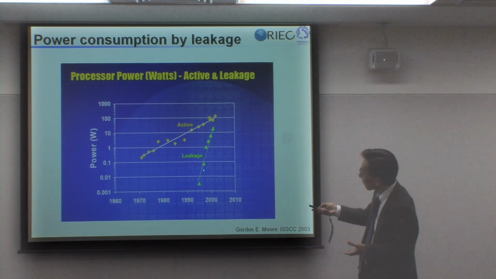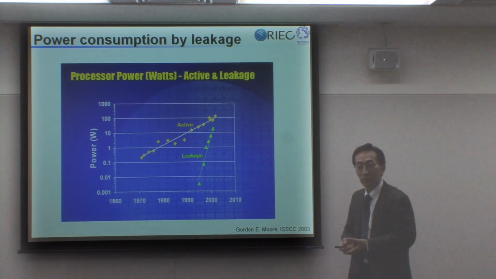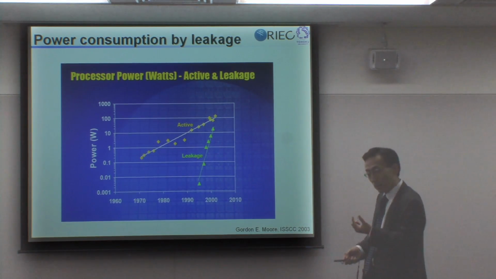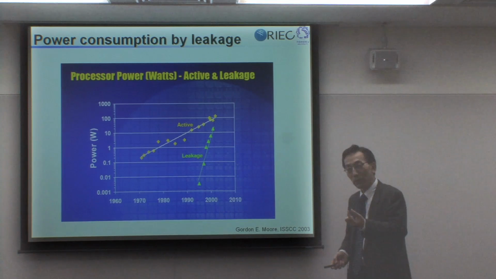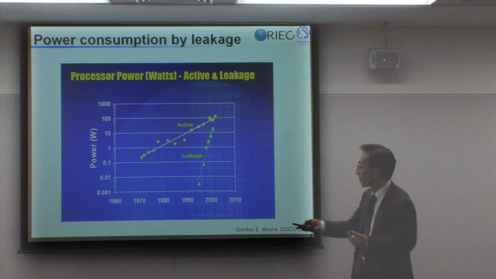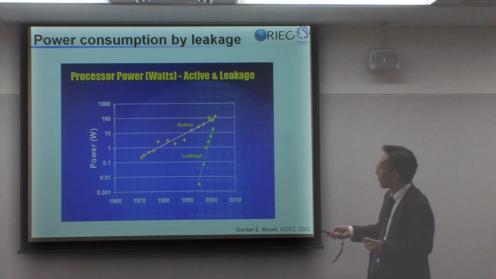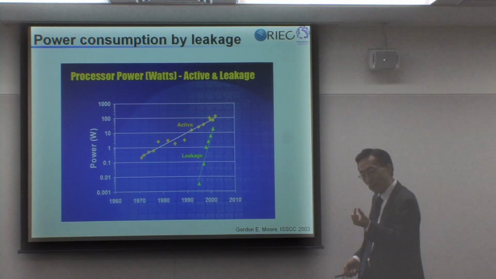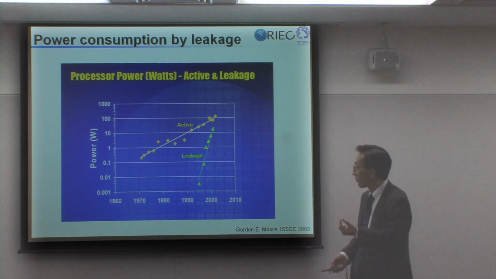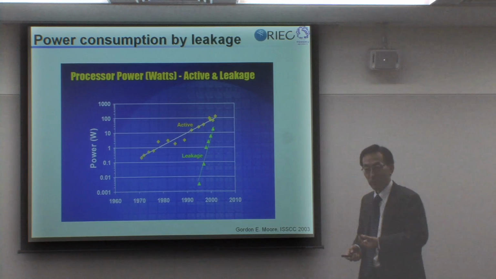But here, the leakage power, or power due to leakage, is also going up. And that's because small transistors cannot turn off as well as large transistors. So you have very small, finite leakage current in advanced transistors.